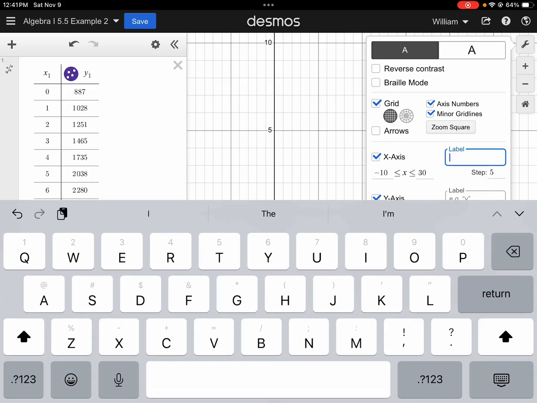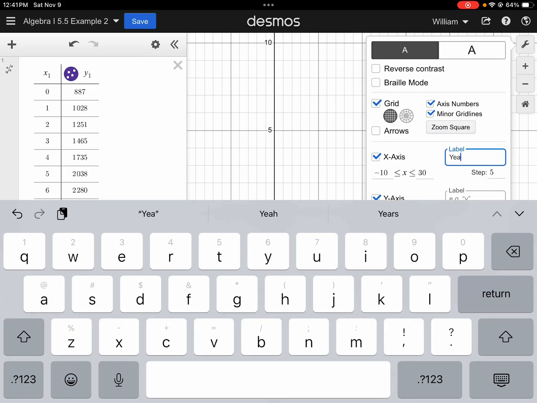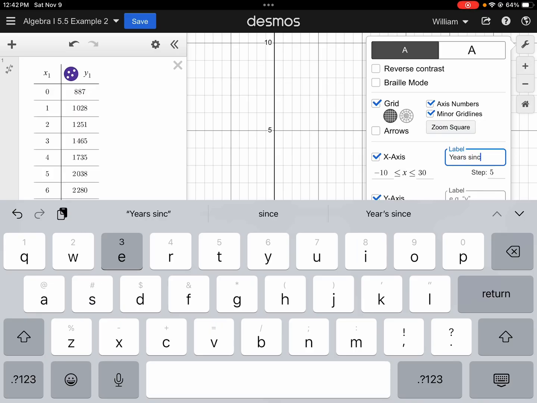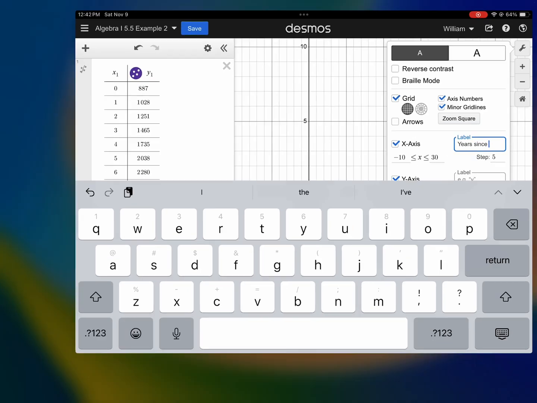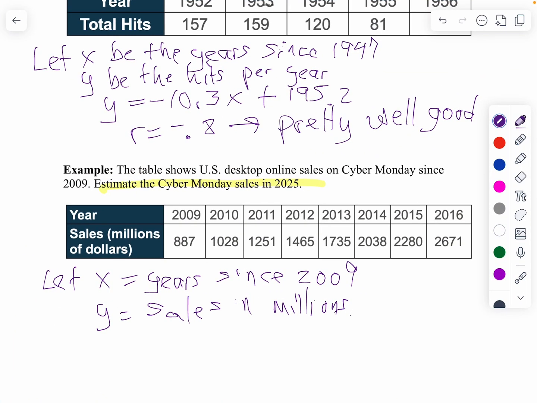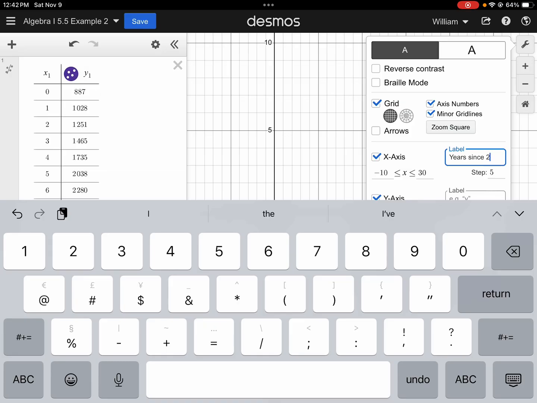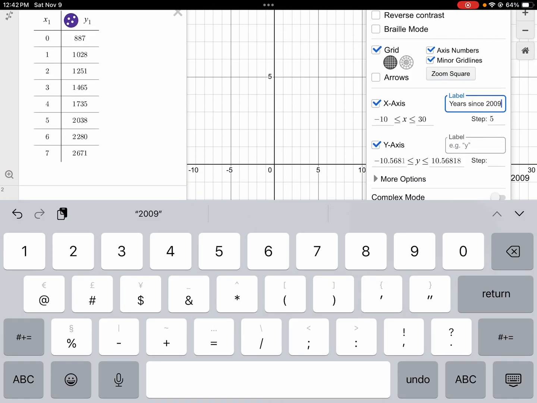And we're going to say years since, what did we say, 2009? I forget. Yes, years since 2009. Need my numbers there. My y-axis, notice 887 is my smallest.